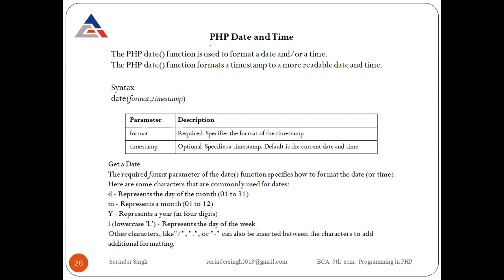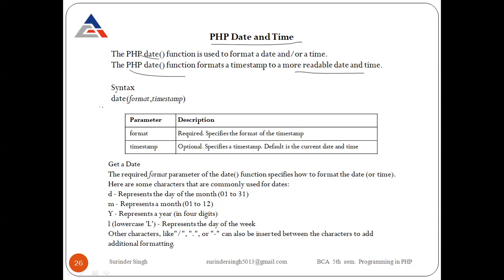Now here we have the date function for printing or getting date or time. Clear? The PHP date function is used to format a date or a time. The function formats a timestamp to a more readable date and time.